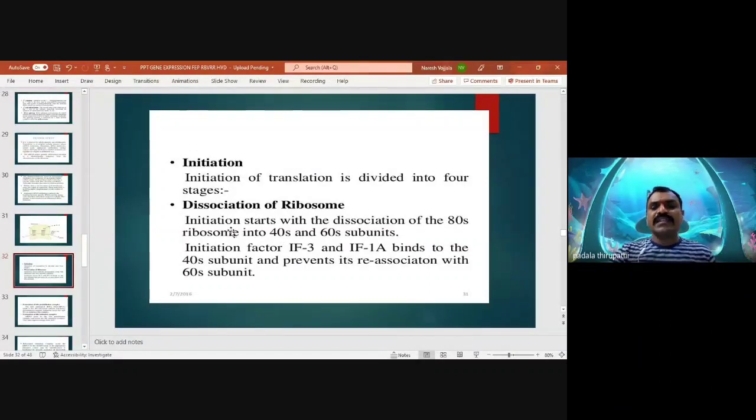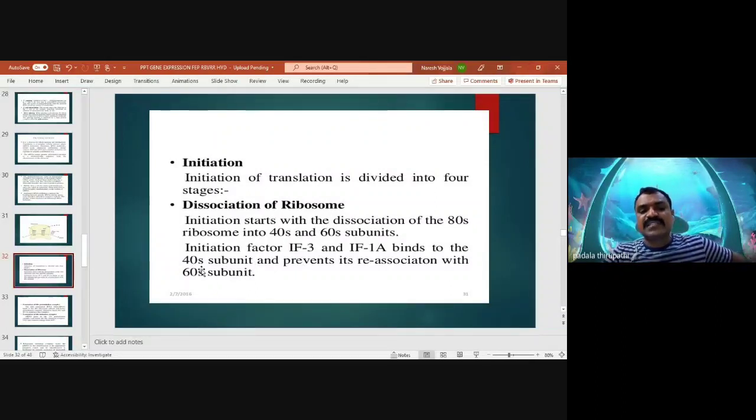In this dissociation of ribosomes, initiation factor 3 and initiation factor 1A bind to the 40S subunit, the smaller subunit, and prevent its reassociation with the 60S subunit. Why?